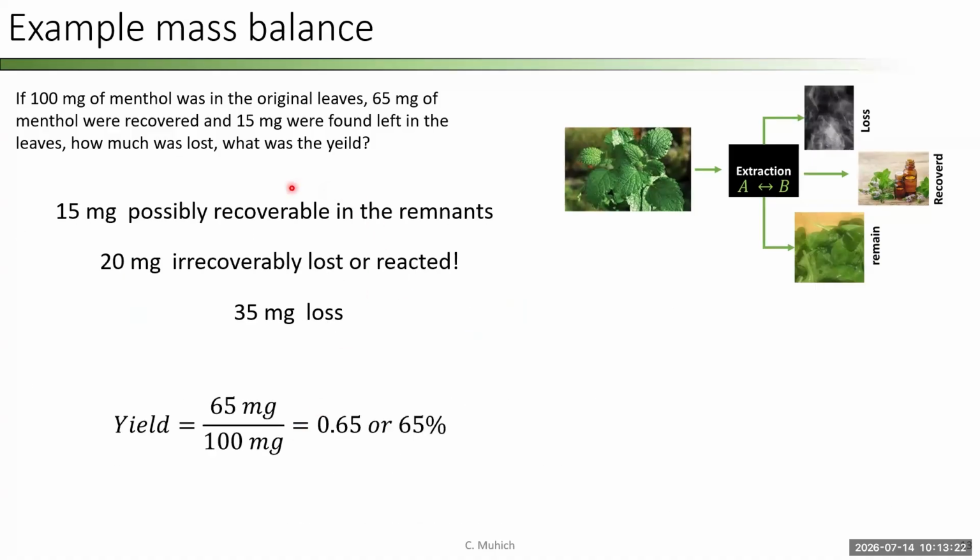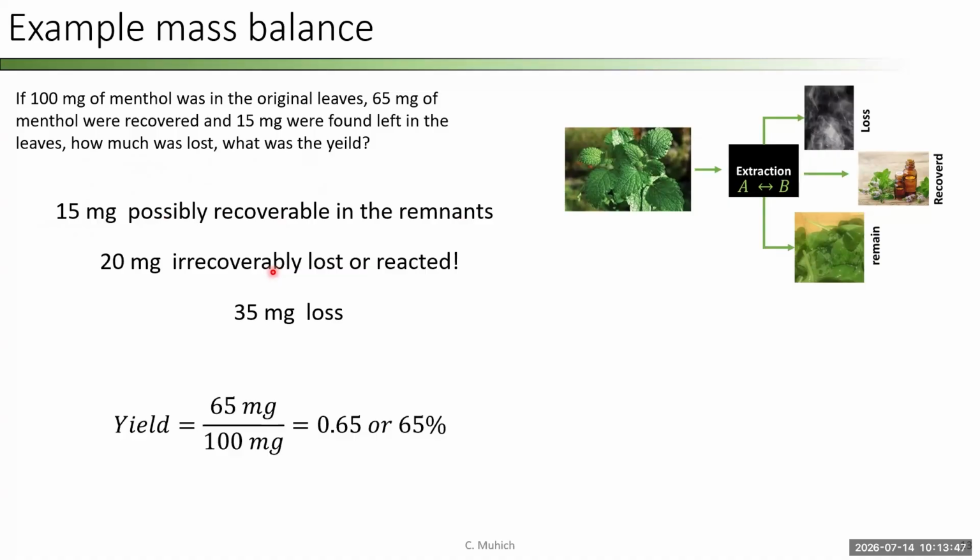So let's think about this question, how much is lost? Well, 15 milligrams are in the leaves, which might be recoverable, but maybe not. And 20 milligrams were irrecoverably lost. So those are either lost to vapor or some sort of reaction.